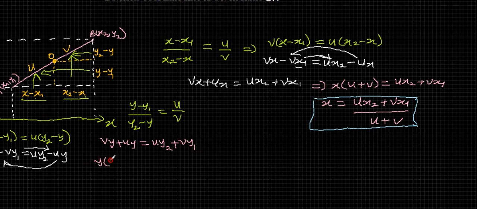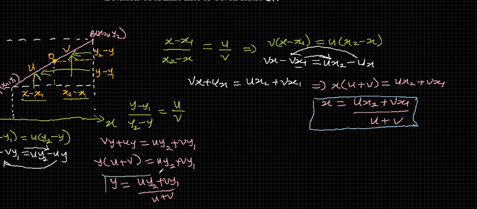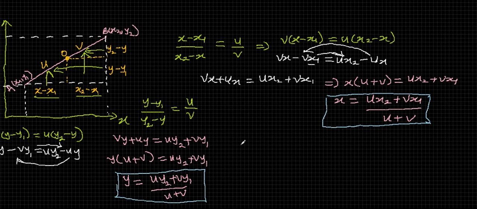Factorizing y outside, we have u plus v times y equal to uy2 plus vy1. So that means y is equal to uy2 plus vy1 divided by u plus v. Also, this is the formula with respect to y.